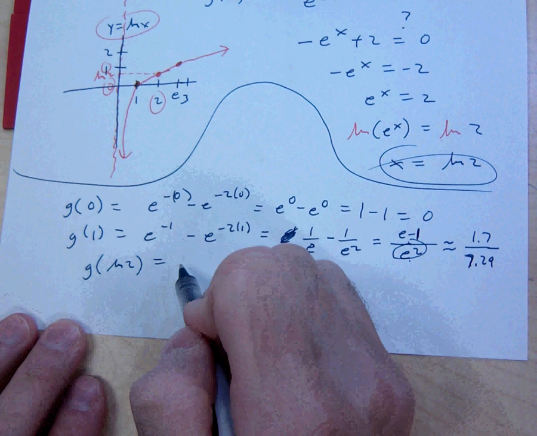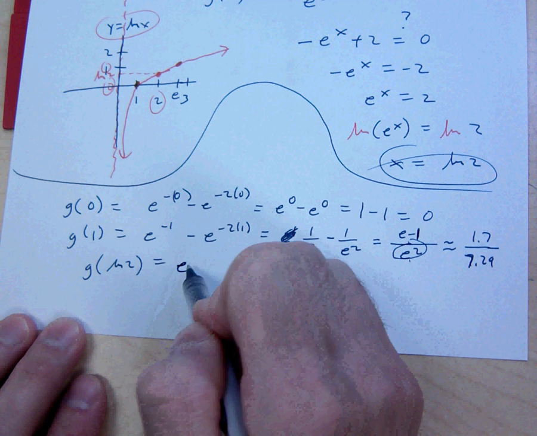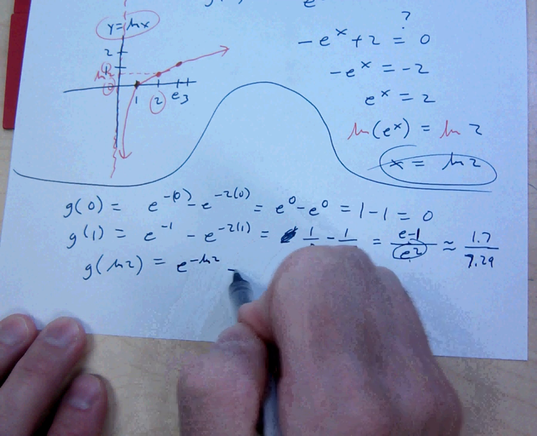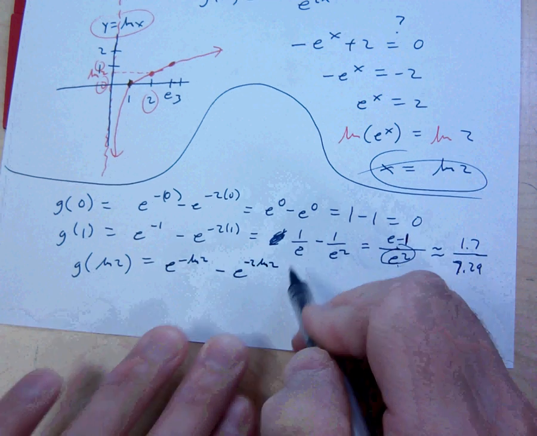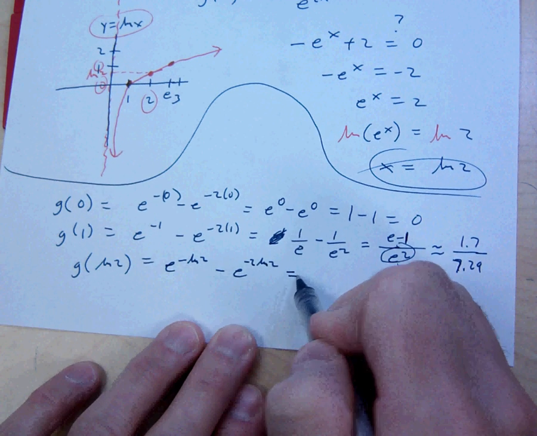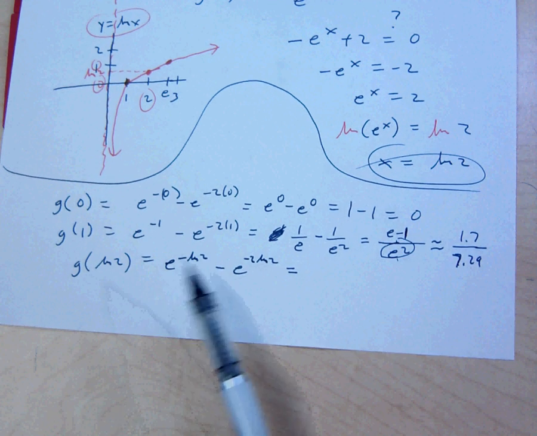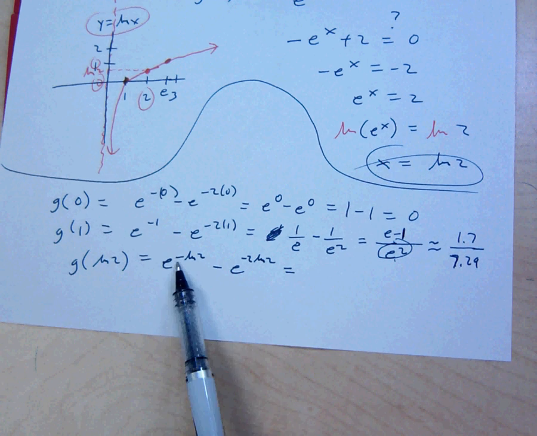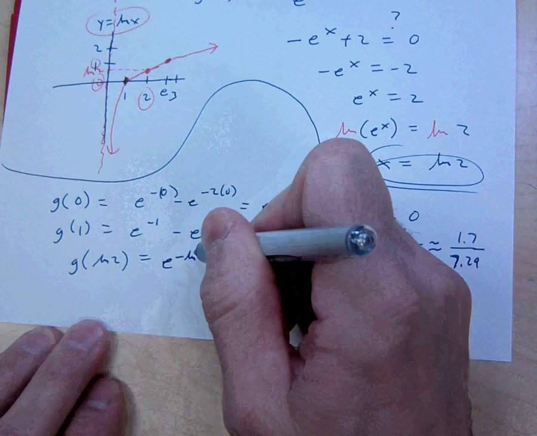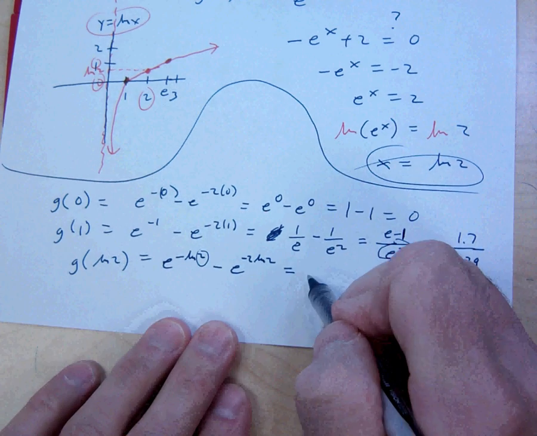Okay, let's go here. Put in ln of 2. Now, you guys, I know it's tempting to drop out the e and the ln, but I can't because of that negative. Is it okay if I put the negative up here as an exponent?